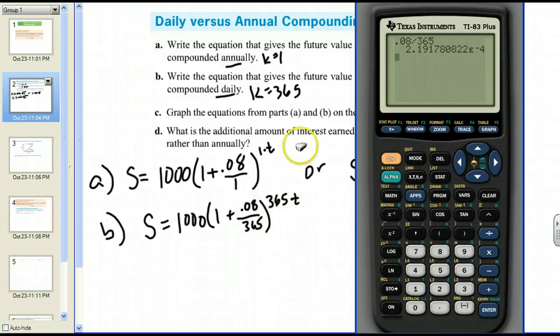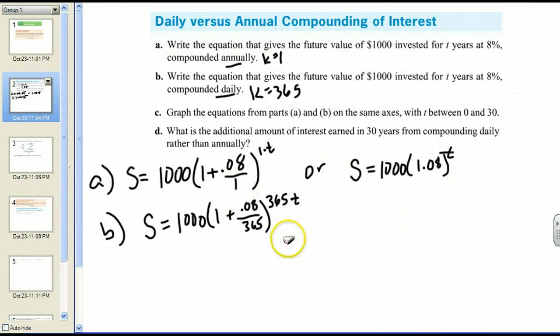That's another really important thing: you've got to make sure you leave these exact, in this form, for as long as you can. You'll notice in your homework, if you try to simplify and approximate and round, a lot of times you'll get an error message when you get to your final answer.